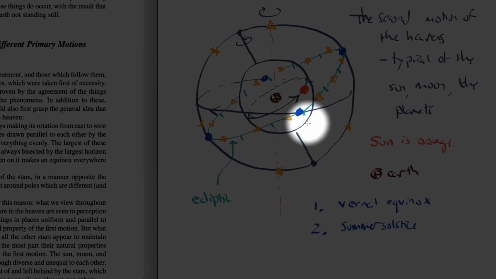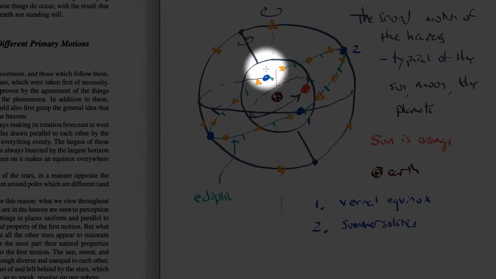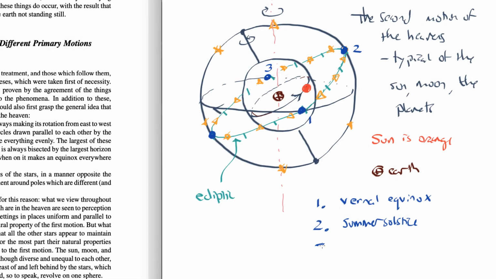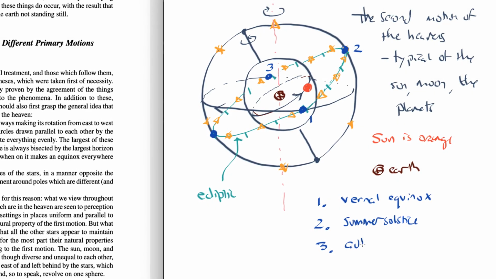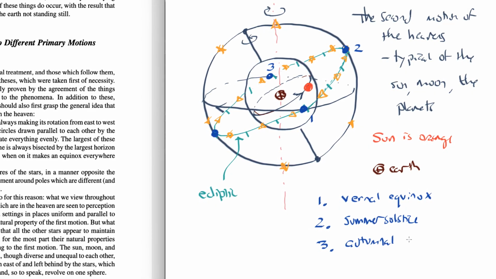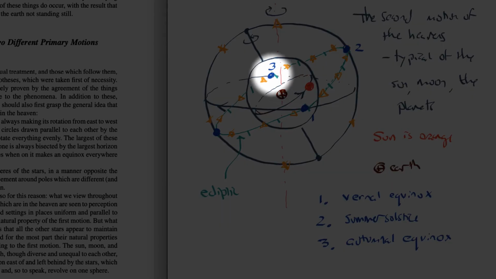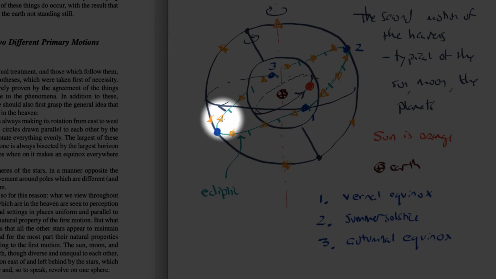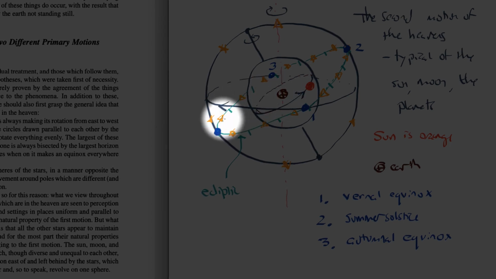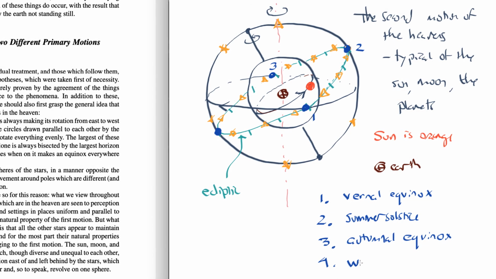So this is point number 1, point number 2, point number 3, and that is the point of the autumnal equinox. And finally, as the sun migrates through the zodiac, when it enters the first point of Capricorn down here, that would be the winter solstice.